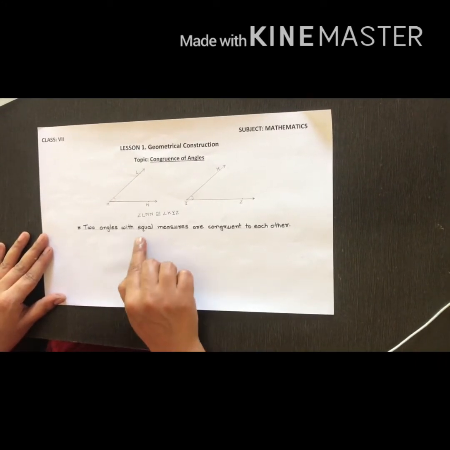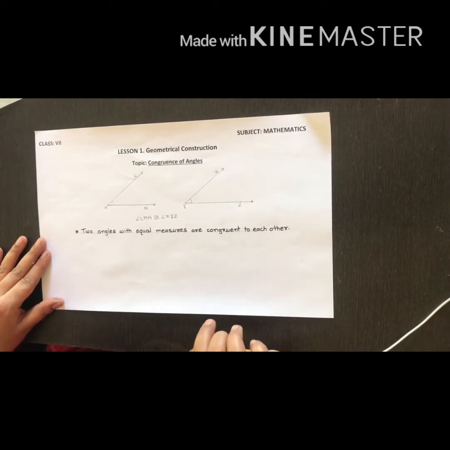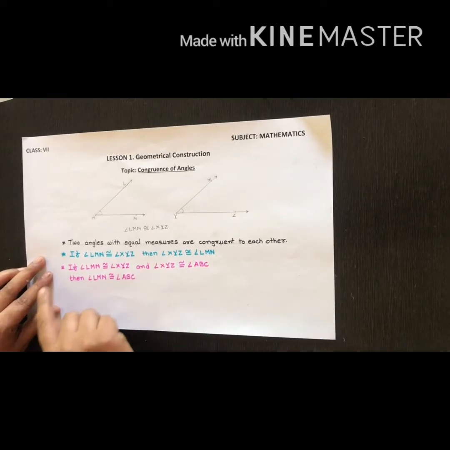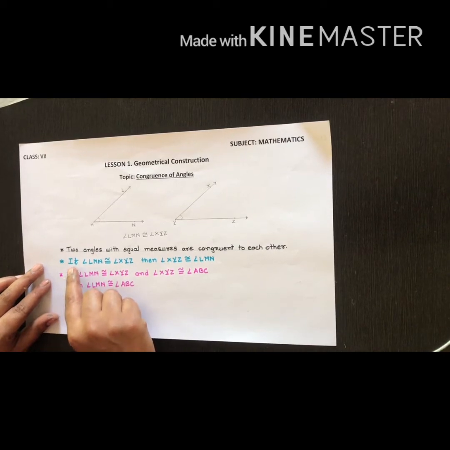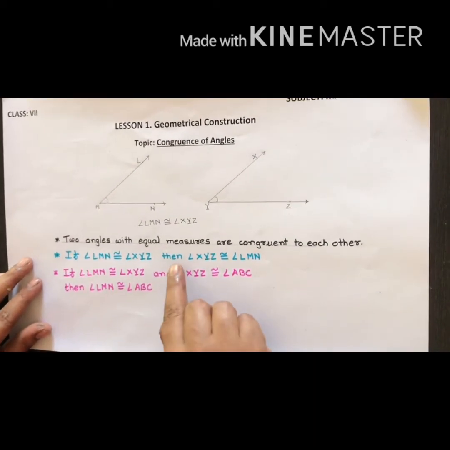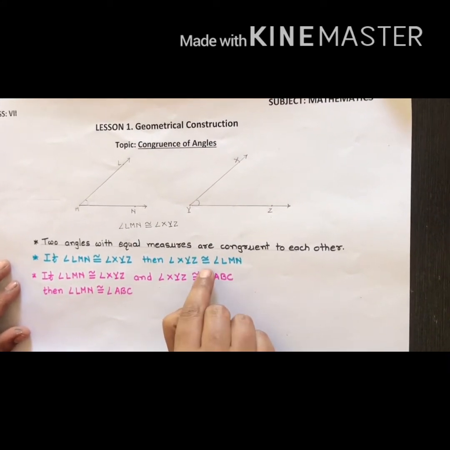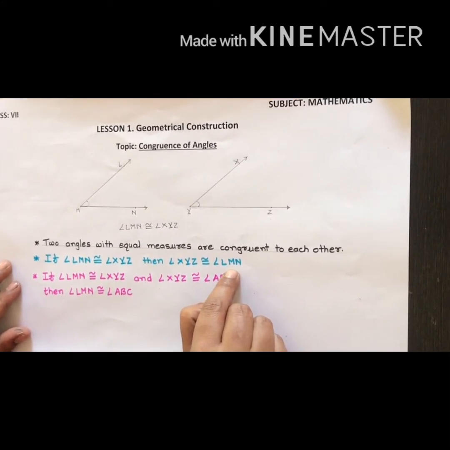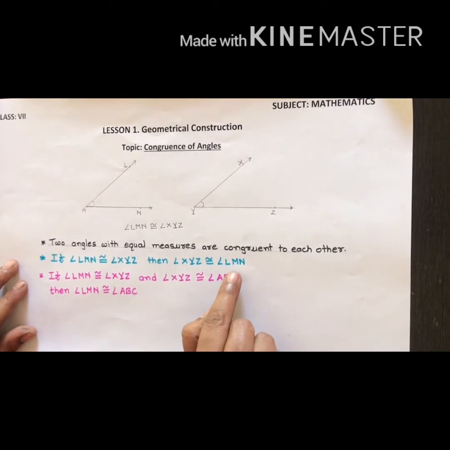Two angles with equal measures are congruent to each other. So, if angle LMN is congruent to angle XYZ, then angle XYZ is congruent to angle LMN. That is, they are congruent to each other.